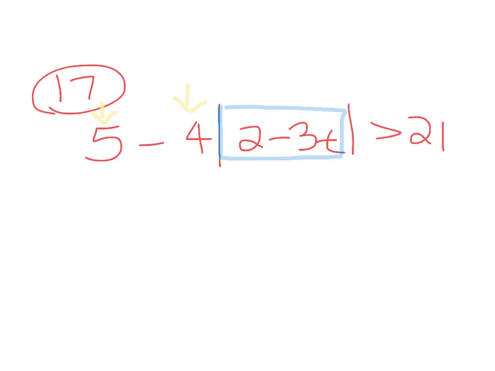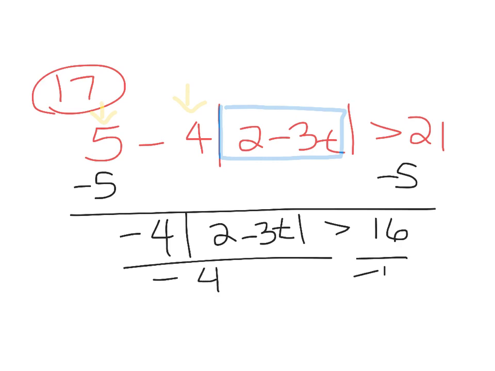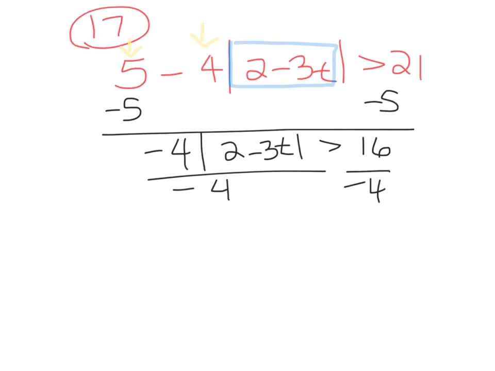So I'm going to go ahead and subtract the 5 first. We work backwards of PEMDAS. And then I'm going to get rid of the negative 4, divide both sides. So this becomes the absolute value of 2 minus 3t.